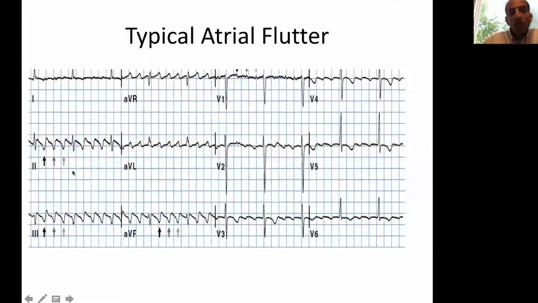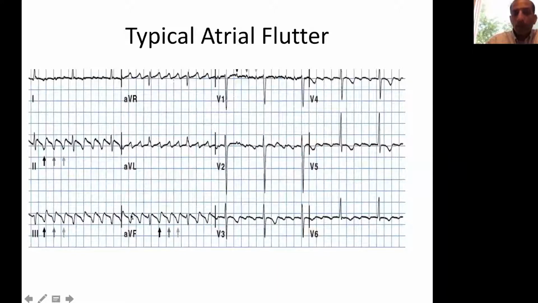So if you see somebody going at 150 beats a minute all the time, and you see some kind of a pattern like this in between the QRS complexes, you should give them adenosine or some drug to block the AV node, and then you will be able to see the sawtooth pattern of the P waves. If you see very fast P waves going like this in the inferior leads, this is an example of classic typical right atrial flutter.